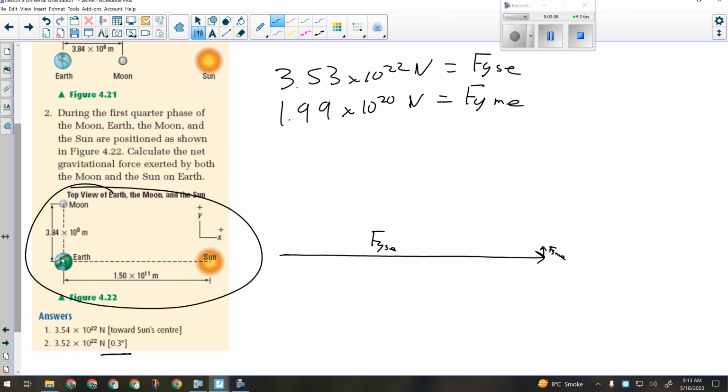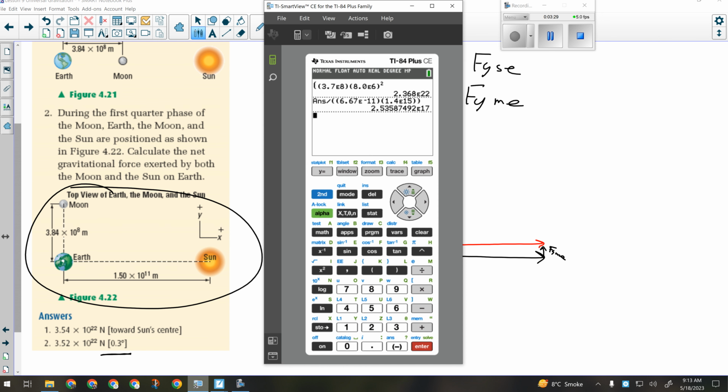So that means my net force is going to be the hypotenuse of this triangle, which is going to be virtually the same length as the other longest side. I'm going to do the Pythagorean theorem here because they're at right angles to each other. Put those two numbers into my calculator.